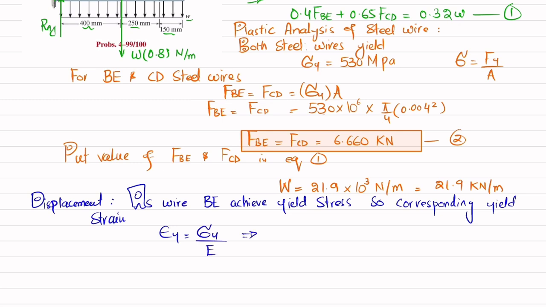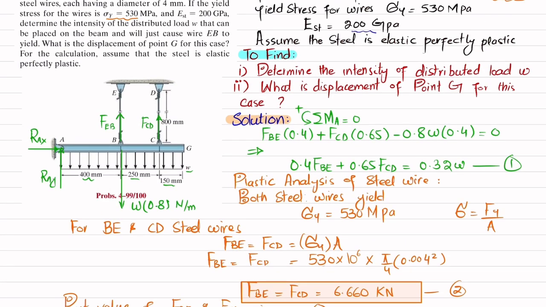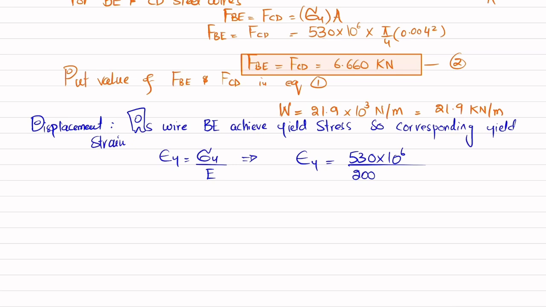So yield strain is equal to 530 into 10 to the power 6 divided by modulus of elasticity, given as 200 gigapascal, so 200 into 10 to the power 9. When you solve this, you will get yield strain equal to 0.002650 millimeter per millimeter.